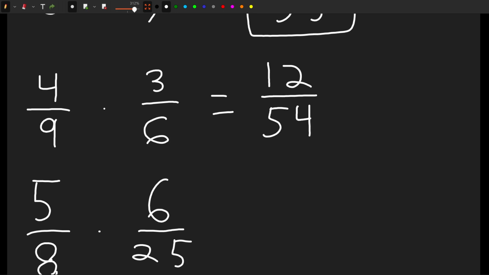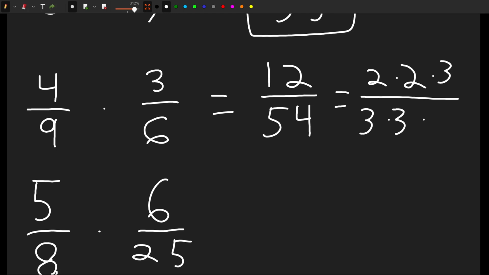And then here I notice both of them are even, and I'm pretty sure there's some other factors here too. So we're going to find the prime factorization of these. On the top, we're going to get 2 times 2 times 3. And on the bottom, that's 9 times 6, I believe. So that's 3 times 3 times 2 times 3.